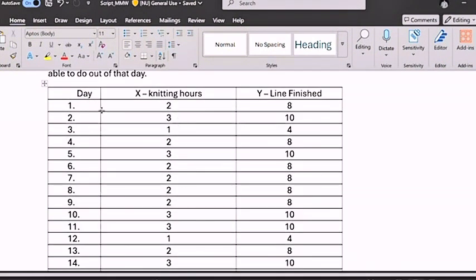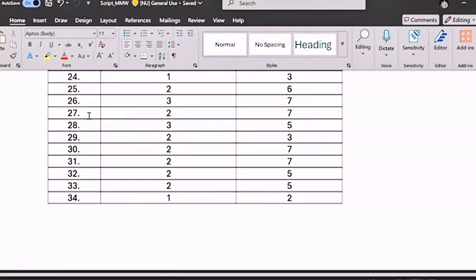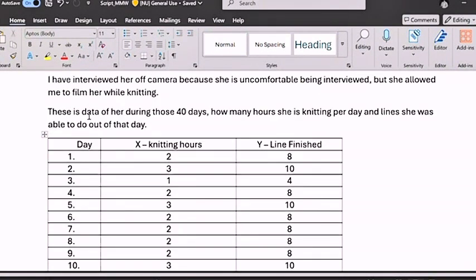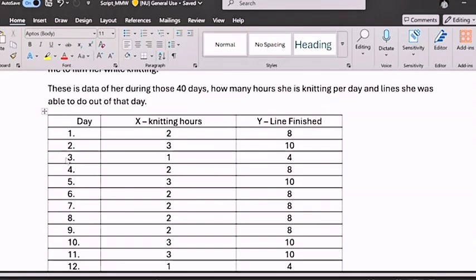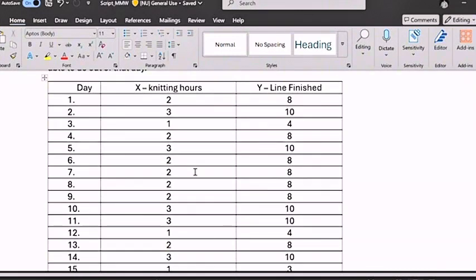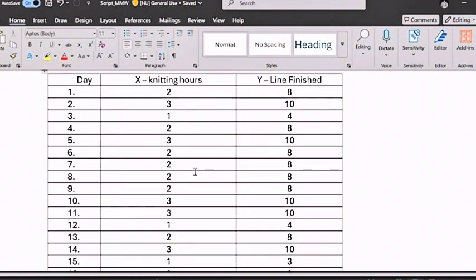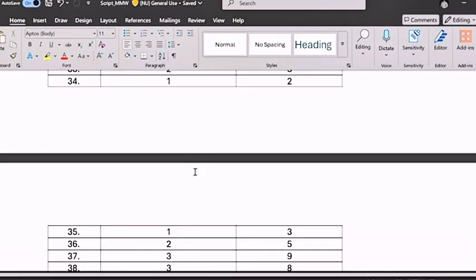So we have recorded her day 1 to 40, and the X stands for knitting hours and the Y stands for the lines finished. For example, on day 1, she was able to knit for 2 hours and accomplish 8 lines. On day 2, she knit for 3 hours and accomplished 10 lines. And on day 3, she knit 1 hour and accomplished 4 lines.